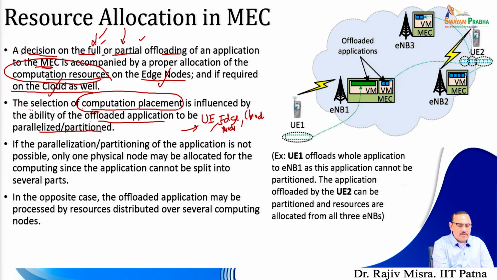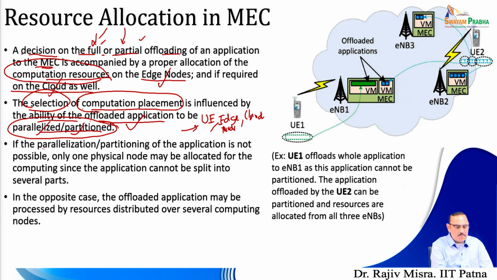So, it has to be a selection of computation placement, and this selection is influenced by the ability of the offloaded application, whether it can be partitioned or it can run in a parallel mode or not. So, let us go ahead in understanding this aspect, the ability of the offloaded application to be partitioned or parallelized or not.